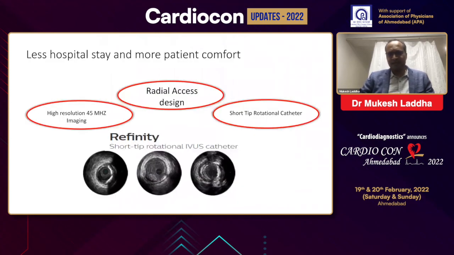Now this whole thing can be done through the radial access, which also gives great comfort to the patient, and it is high resolution, the frequency which we are now getting is 45 megahertz, which gives you image quality comparable to any other imaging tool.